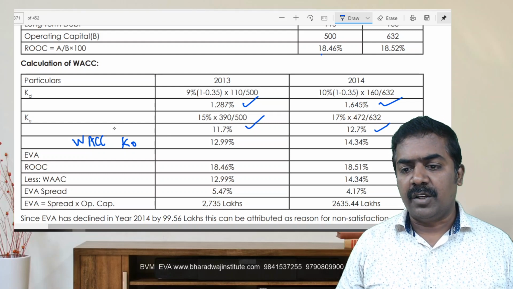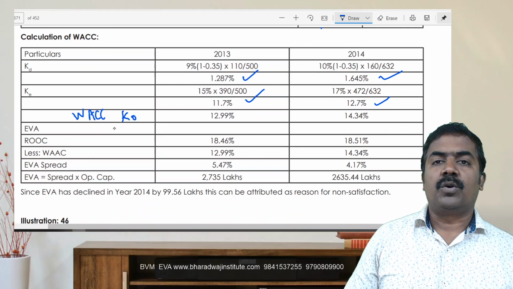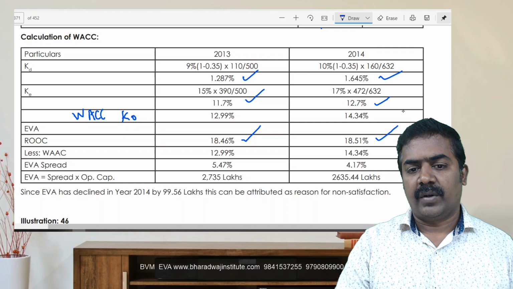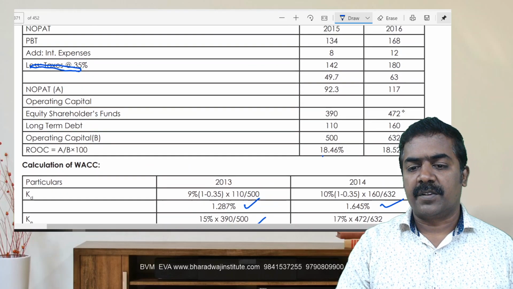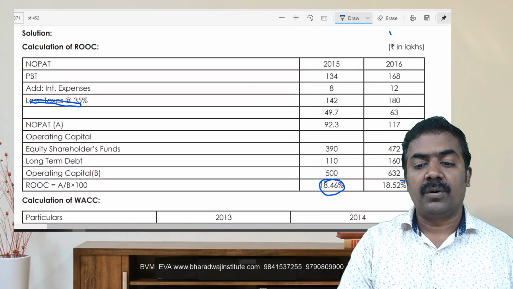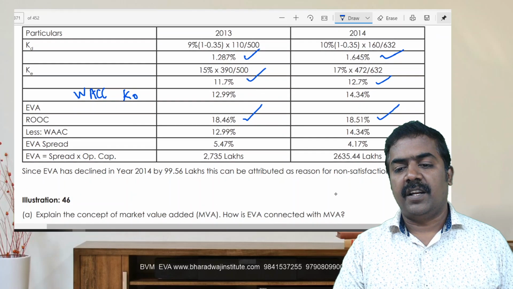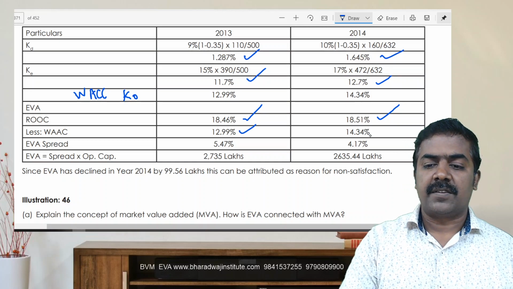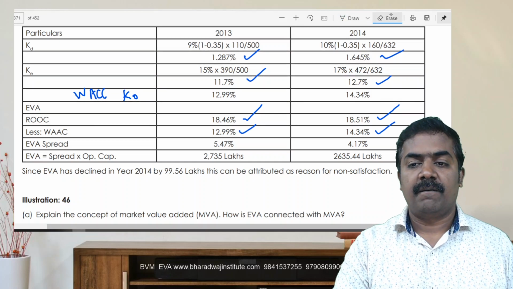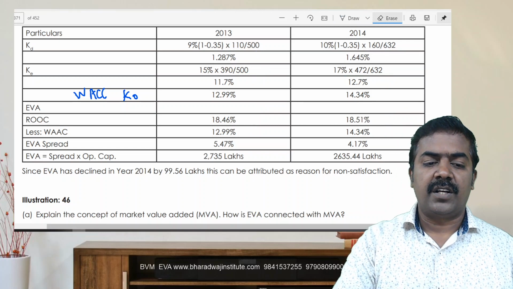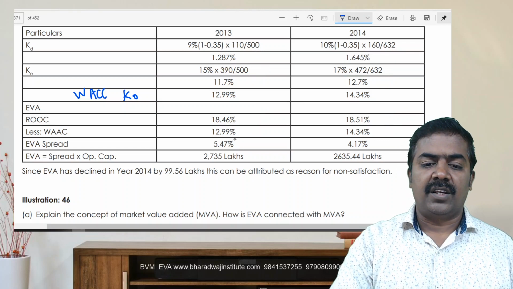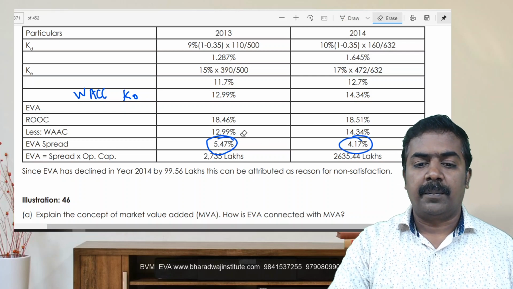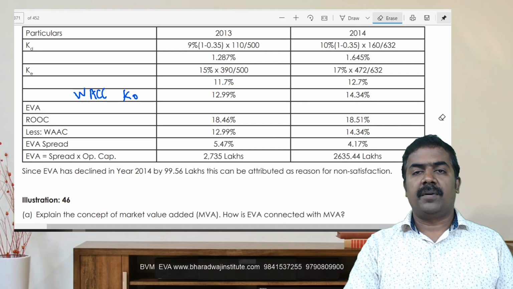So this is the weighted average cost of capital, 12.99% and 14.34%. So how to work out EVA? Return on capital employed, 18.46% and 18.52%, we have already worked out. Minus weighted average cost of capital, 12.99% and 14.34%. The difference will give us EVA. EVA is 5.47% and 4.17% on the capital employed.